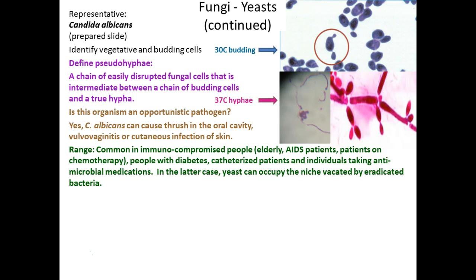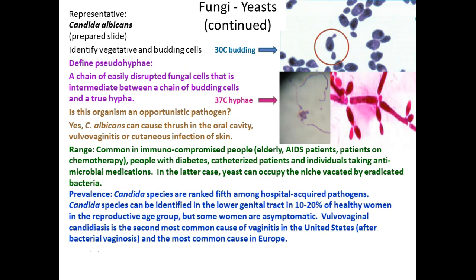Elderly, AIDS patients, people going through chemotherapy. But anything that can cause a disruption in the microflora for women, antibiotic therapies, hormone changes, some diabetics because you have more sugar and yeast loves sugar, you're more apt to these types of infections.